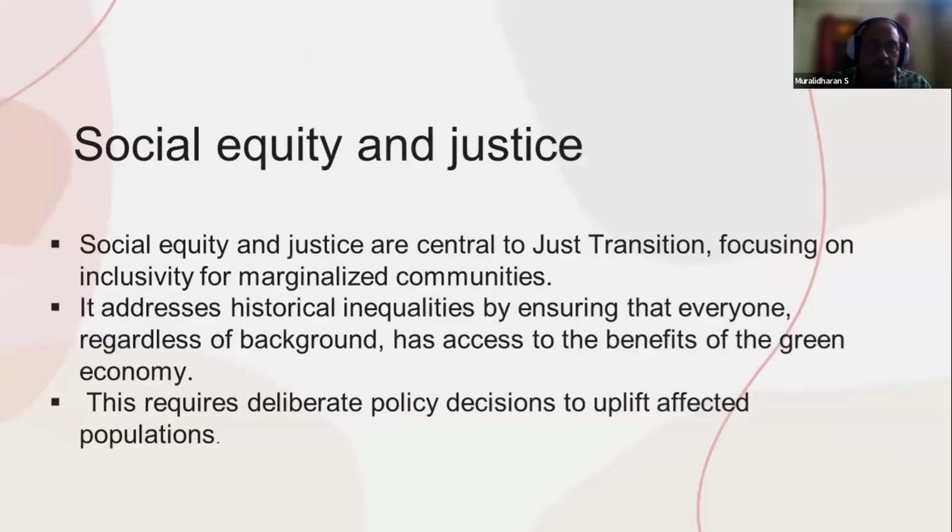Social equity and justice, if we see that, are central to just transition, which focuses on inclusivity of marginalized communities. So when we say marginalized communities, who are those communities? They may be poor people, they may be vulnerable people, they may be women, or they may be even urban citizens whom we call the urban poor.